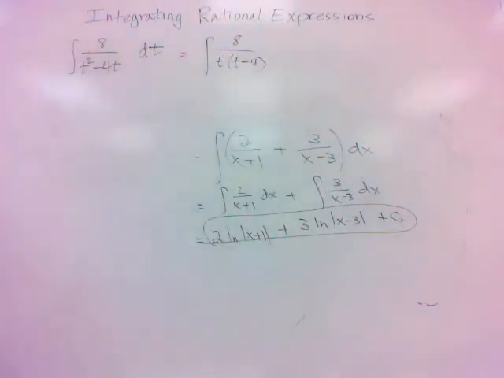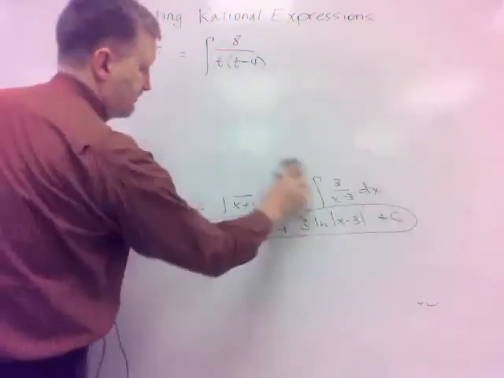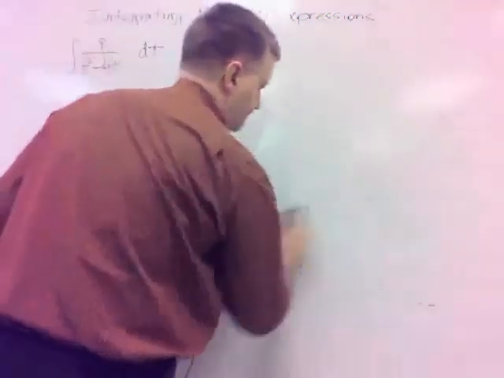It does factor. Now, if that had been, well, on the bottom, t squared plus 4, then I could think about maybe an inverse trig function. But t squared minus 4t, there are things, but yeah, this is going to work nicely with this fraction decomposition.